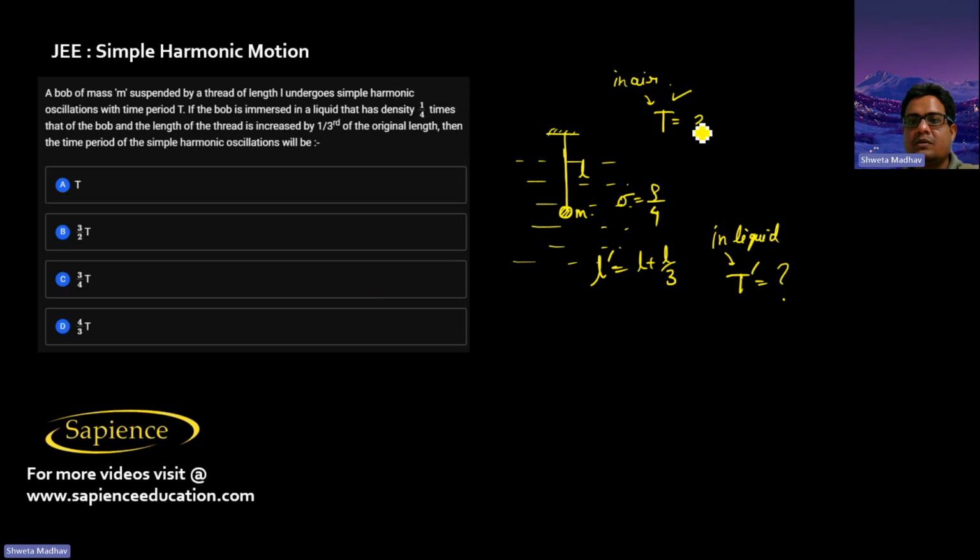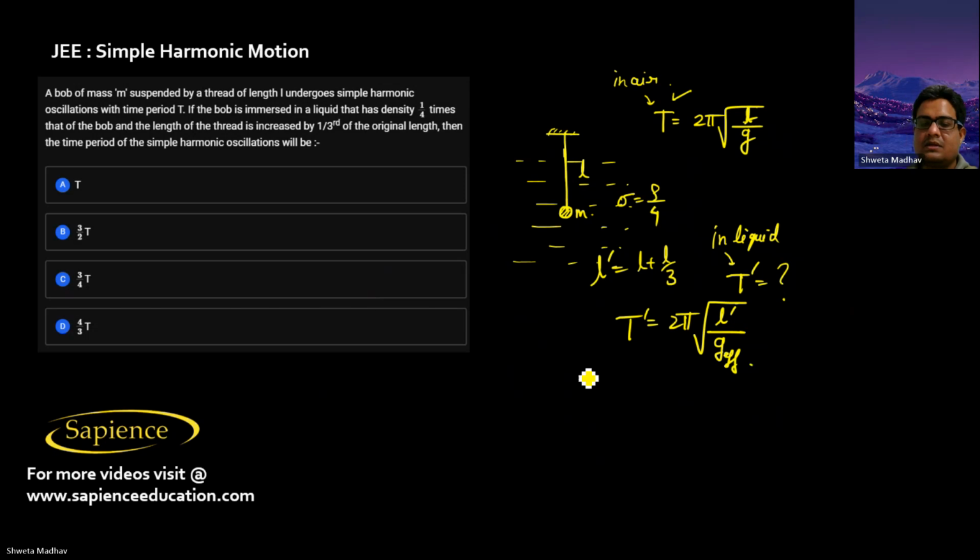So T will be equal to 2π√(L/g). And here T' will obviously be 2π√(L'/g_effective), where L' is the new length. Now for g effective, m g effective is equal to m g.